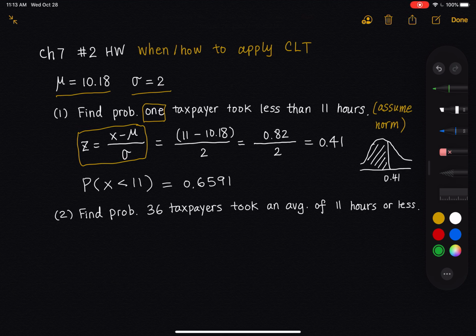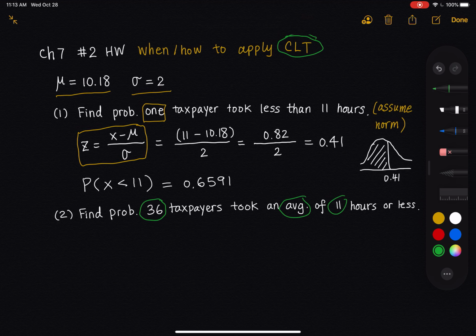Now, when to use a central limit theorem is when we are talking about finding the probability of more than one individual. So the probability of 36 taxpayers took an average of 11 hours or less. So key words here are more than one person, and they want to know about the average.